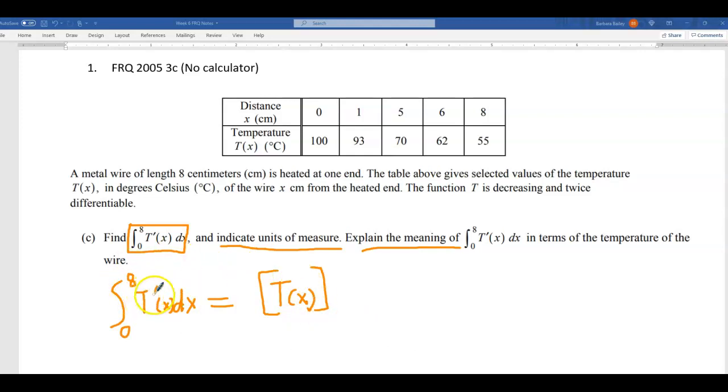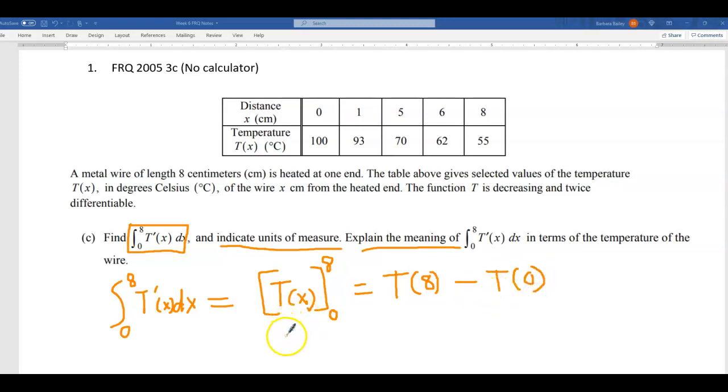So if t prime is the derivative of t, then when you integrate t prime, you get just regular t. And the 0 and 8 go out here. So after you take the integral, the symbol is gone, and now I'm going to put these limits of integration on the right side, just like that. And then using the fundamental theorem of calculus, we can plug the upper limit in first, and then the lower limit in last.